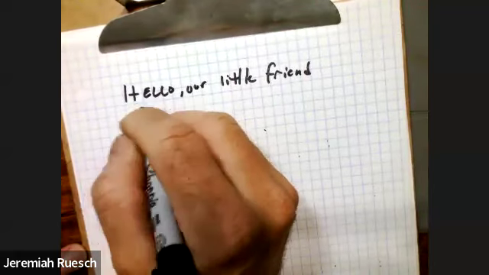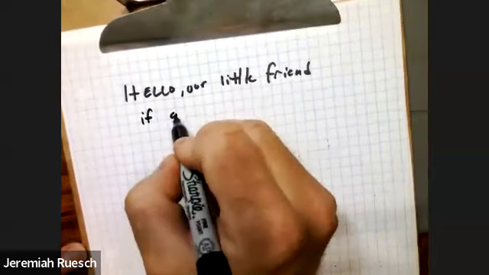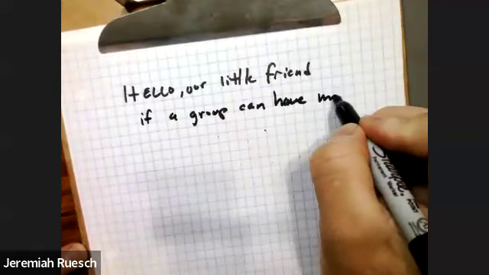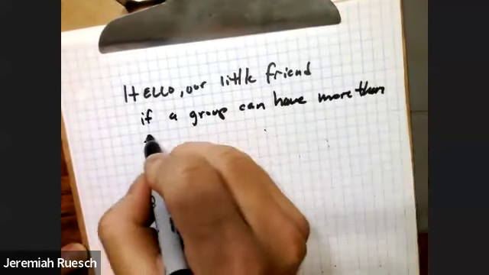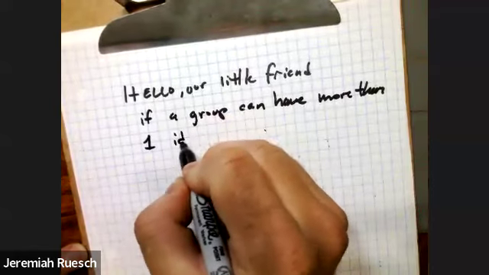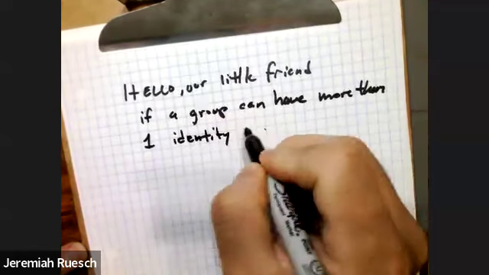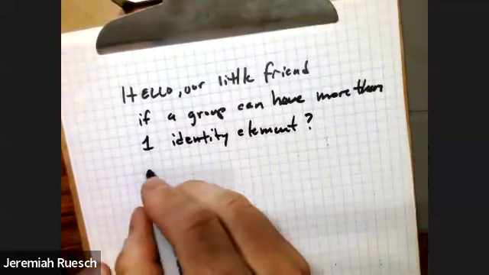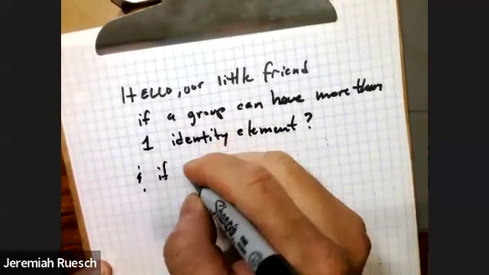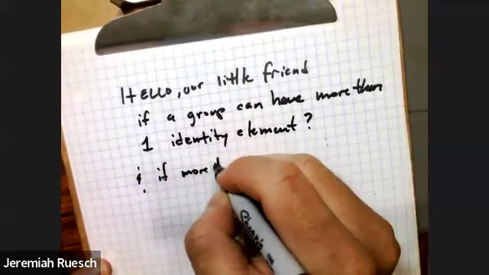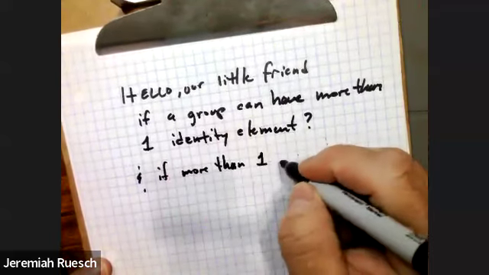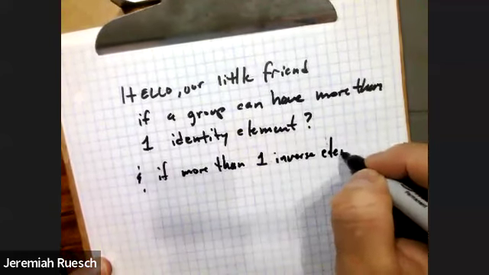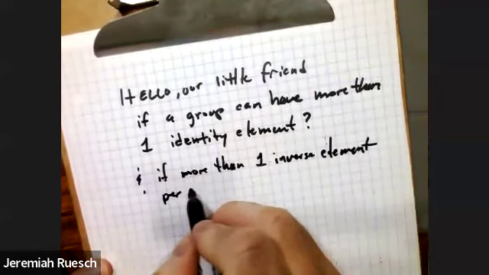specifically, if a group can have more than one identity element, and if more than one inverse element per element.